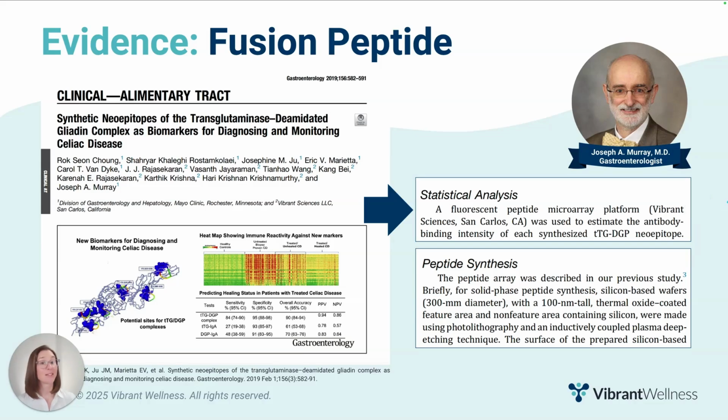The study identifies Vibrant Sciences as the owner of the microarray platform used to estimate antibody binding intensity of the tissue transglutaminase deamidated gliadin fusion peptide complex, and also references a 2016 study, also published by Vibrant and Dr. Murray, where the peptide array was first described. That is actually how Vibrant identified all of the wheat peptides measured on the WheatZoomer.